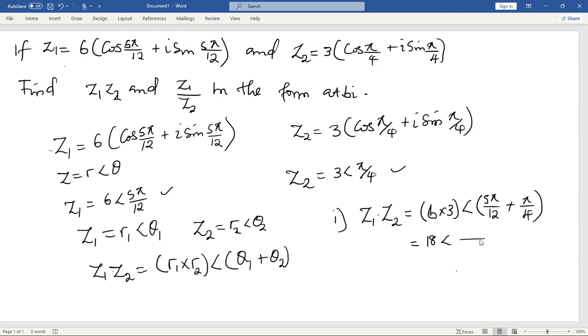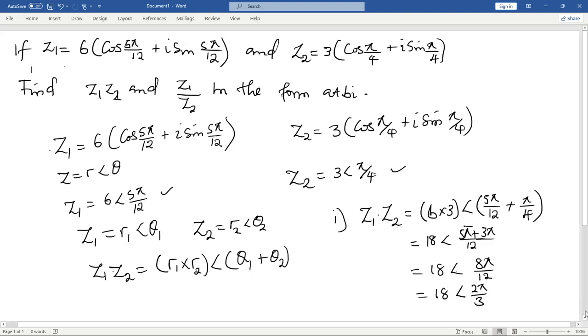If you add the angles, our common denominator is going to be 12. So we have 5π plus 3π, which gives 8π over 12. Now we have 18, then 4 into 8 goes twice, so we have 2π, and 4 into 12 is 3. So 2π over 3.